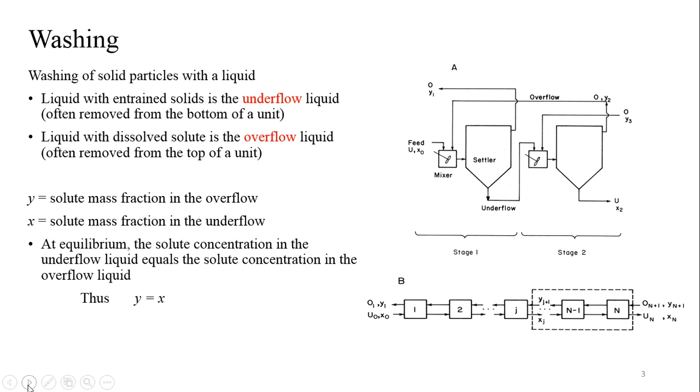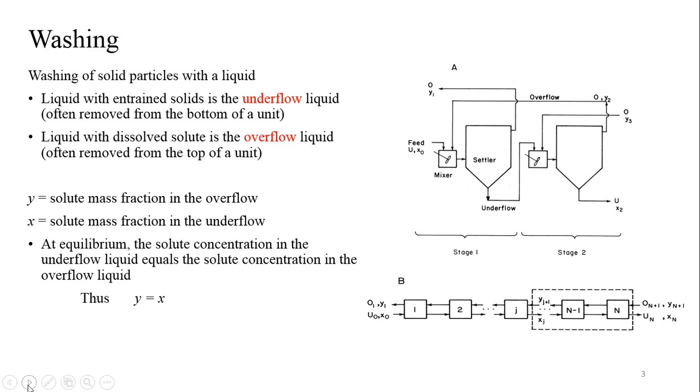Okay, so washing of solid particles with a liquid. We're going to have to define some new terms here. One term that we're going to use is that the liquid with the entrained solids is known as the underflow liquid. Typically, it's removed from the bottom of a unit, right? So we carry out some sort of separator system.